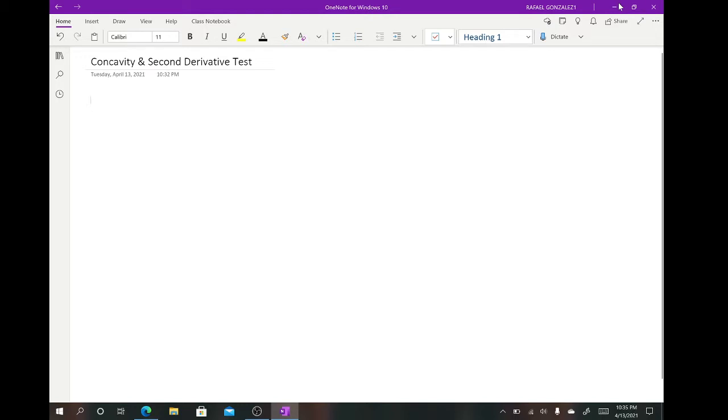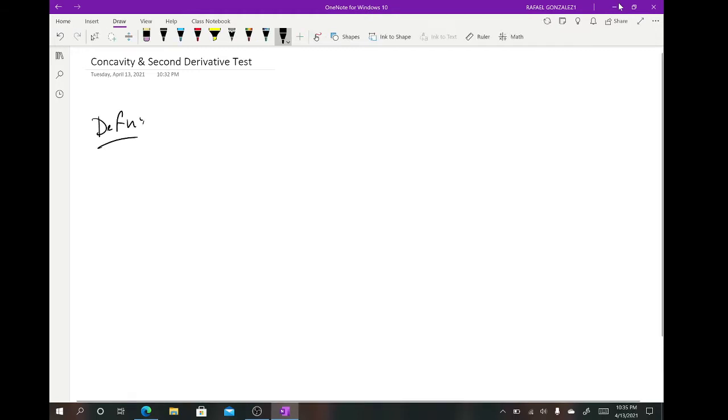Today we're going to be talking a little bit more about graphs of functions and specifically this thing that I just mentioned called concavity. Now let me quickly define concavity for you.